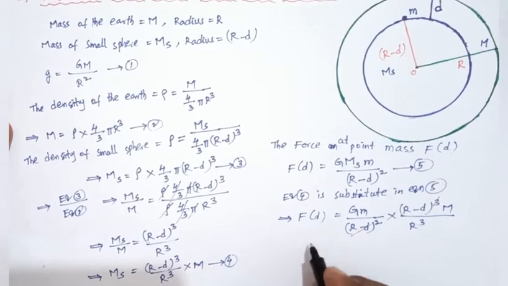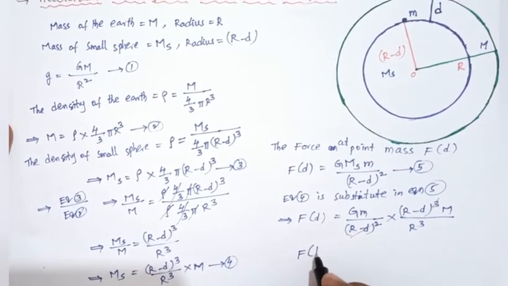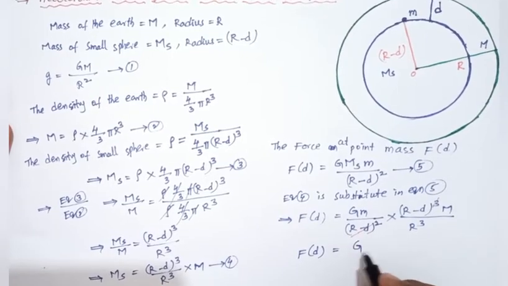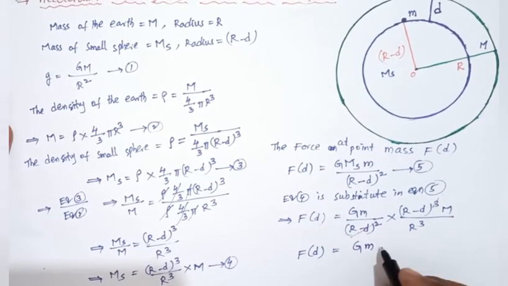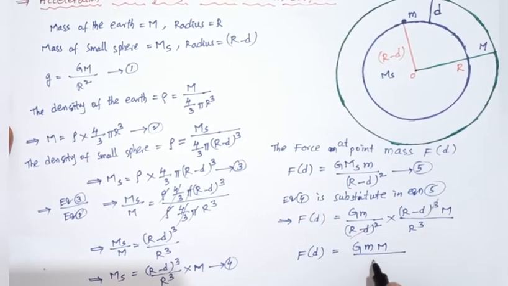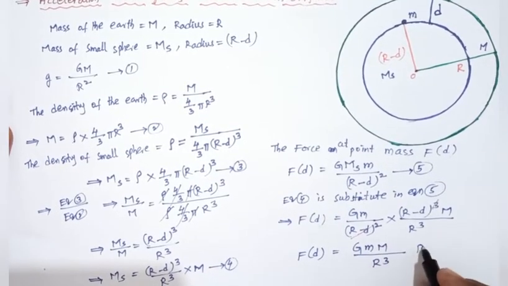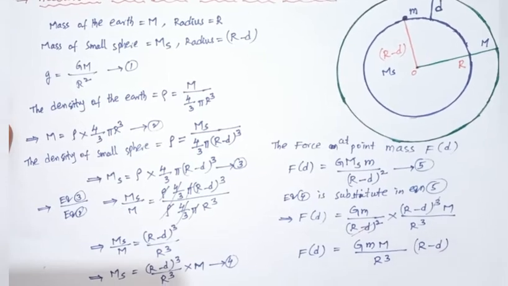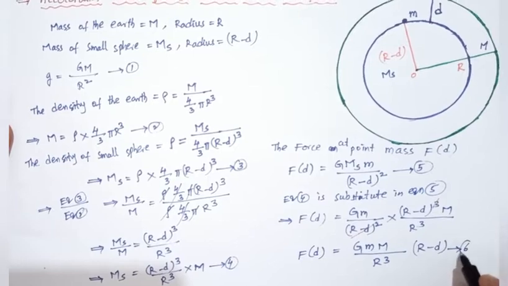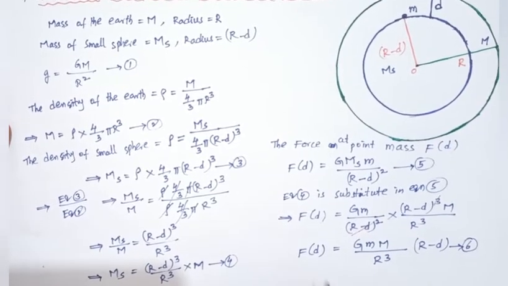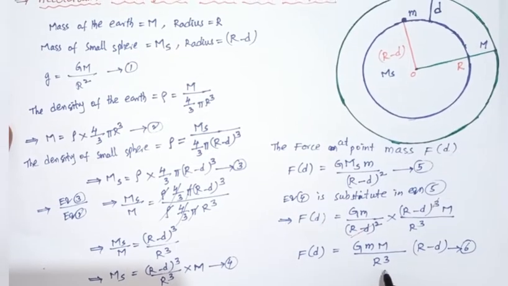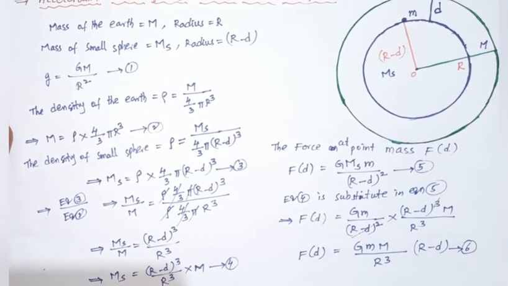So F of d equals G small m capital M divided by R cube into (R minus d). So this is equation number 6.